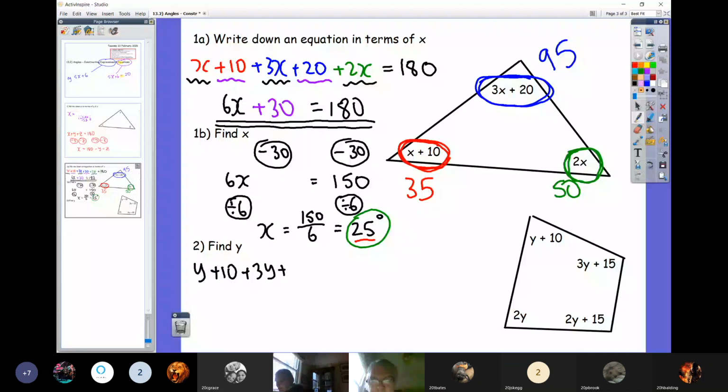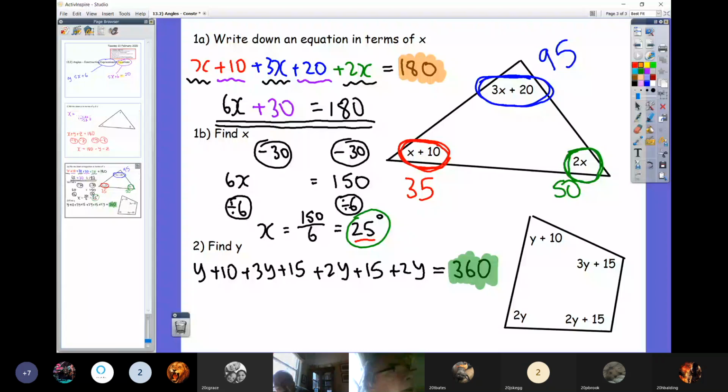Notice how for the quadrilateral, it added up to 360, but for the triangle earlier on, it added up to 180. Again, we've got a bit of a lag here. That 360 is for the quadrilateral, which I'm just about to fluorescent pen in green. But for the triangle earlier on, it was the 180, which I'm just fluorescent penning in orange.